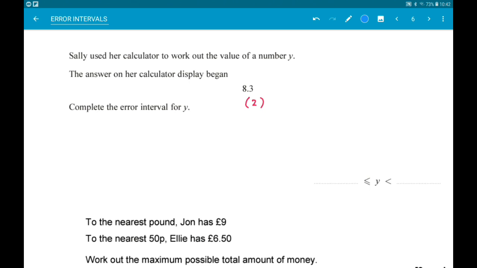So the smallest number this could possibly be, because the calculator starts 8.3, is 8.3. Now, the smallest number we know the answer can't be is 8.4.